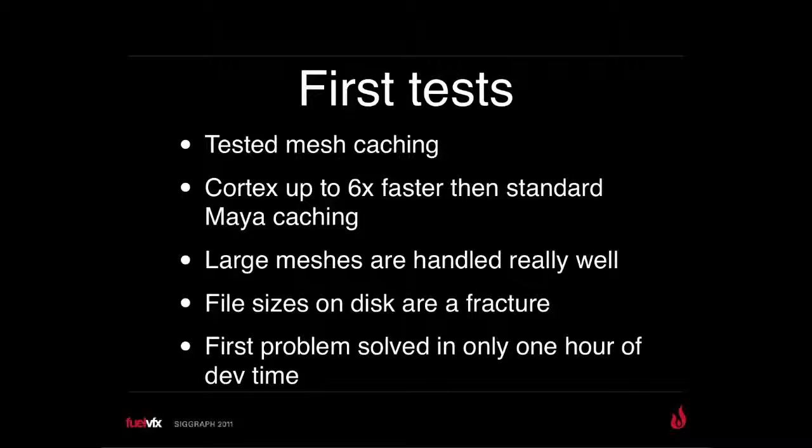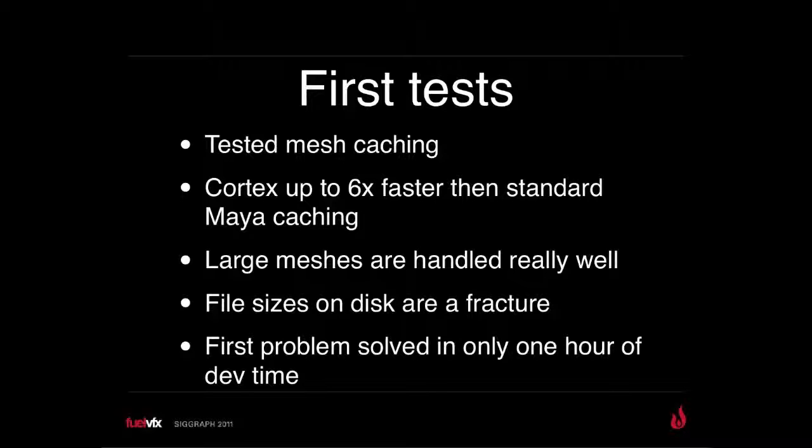On the other hand, we were just testing it out, and the other day we loaded, I think, 7.5 million polygons in 3 seconds and stuff like that. So we were very pleased with the speed and with the performance that we were getting out of it so far. And very, very nice as well, because the caches are split up into the COB files, which contain the model, and then the IO files that actually contain the change in the geometry.